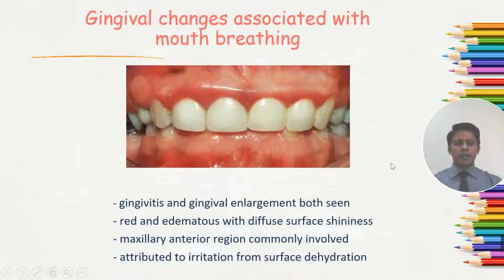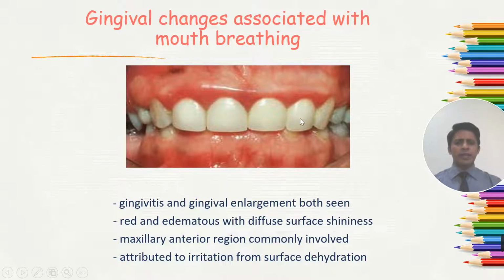Another type of chronic inflammatory enlargement is gingival enlargement seen in mouth breathers. Gingival changes associated with mouth breathing are gingivitis and gingival enlargement, both are seen. Red and edematous with diffuse surface shininess.